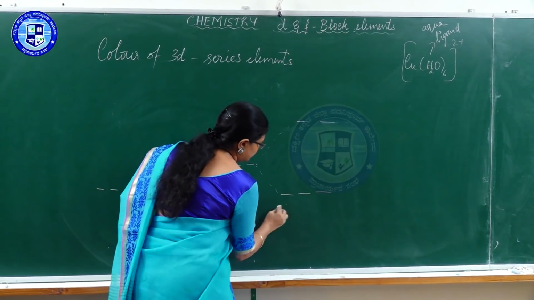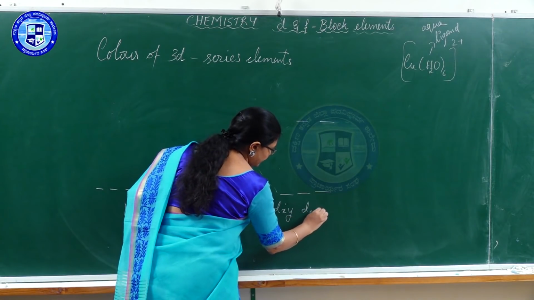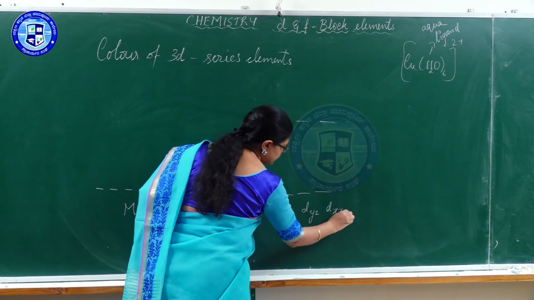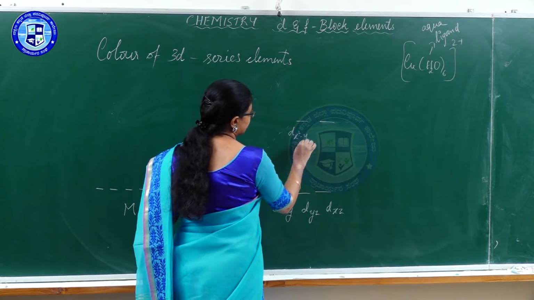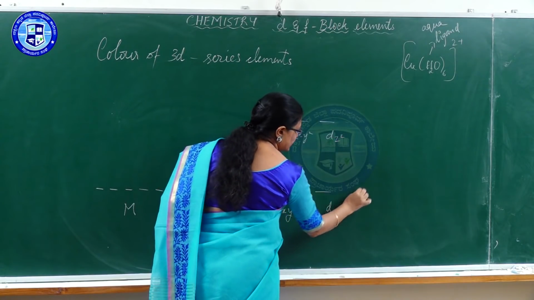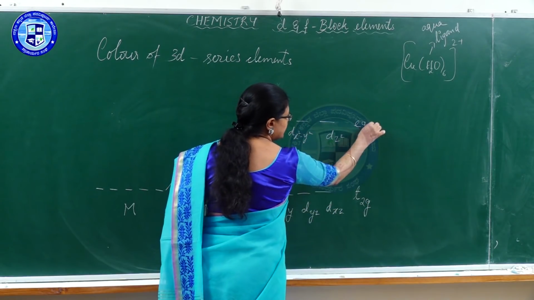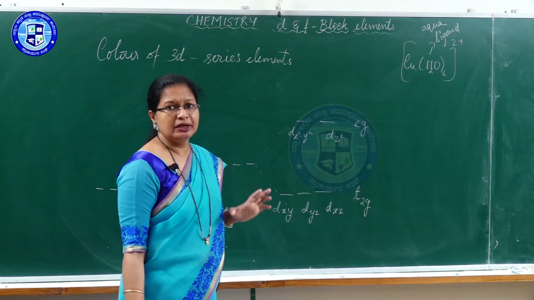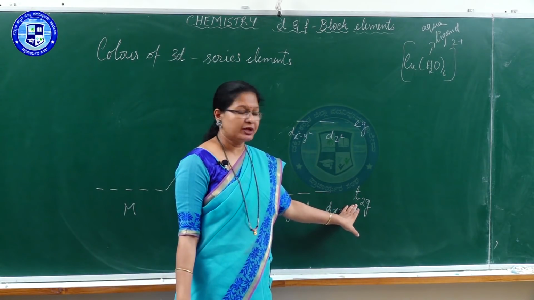These are dxy, dyz and dxz, whereas these are dx square minus y square and dz square, and these are called T2g and these are called Eg. Those are spectrochemical terms. You need not worry about these terms.